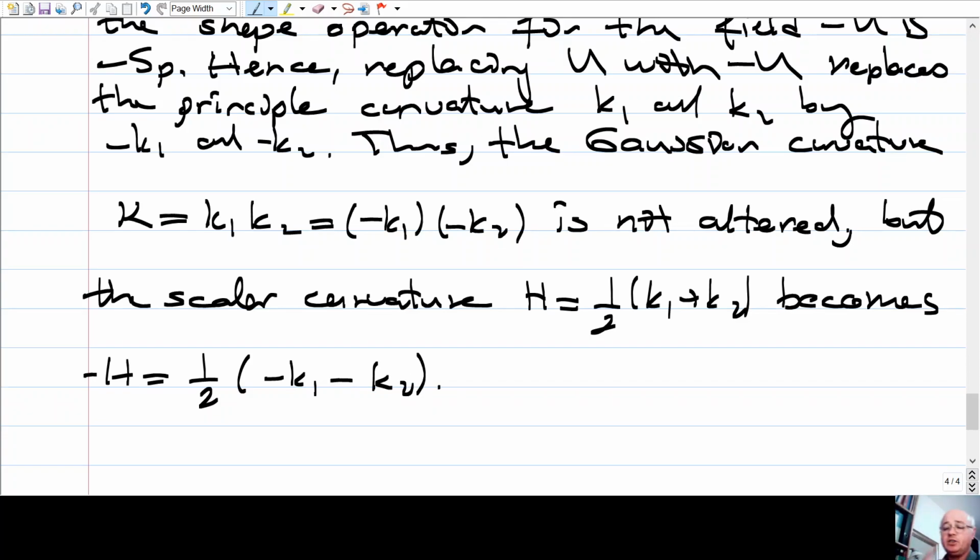So if you change the orientation, the Gaussian curvature doesn't change, but the scalar curvature changes. All right.